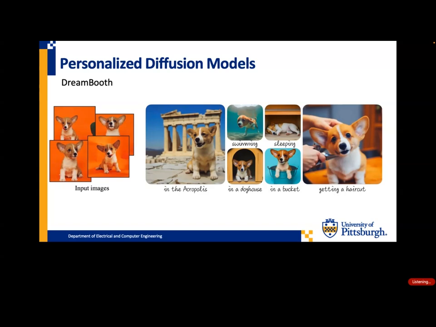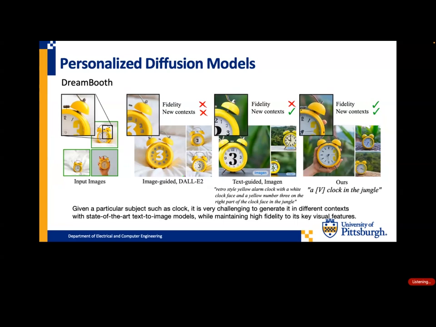So with the same dog, you can generate all these different backgrounds, different postures. That's the requirement for this work. If you're just using this image-guided approach, or DALL-E, you can see that it's not specifically this watch, this clock.